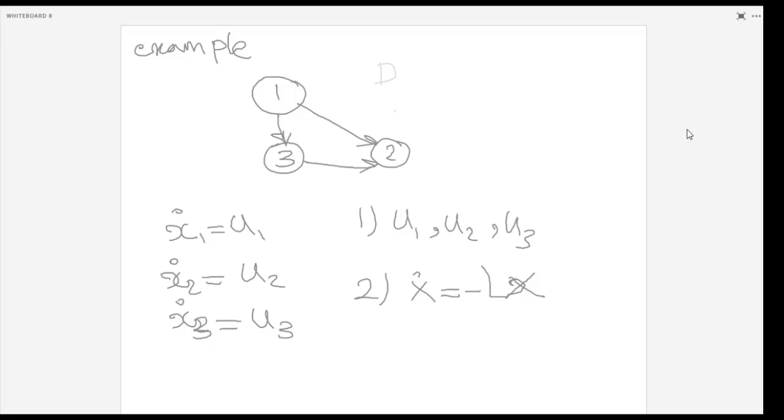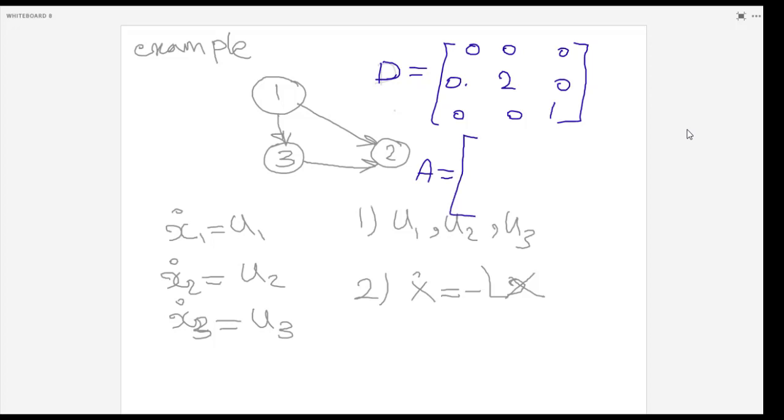At first step, we should find D. In degree for 1 is 0, in degree for 2 is 2, in degree for 3 is 1, okay? And what about A, matrix of adjacency? 1, 2, 3, 1, 2, 3.